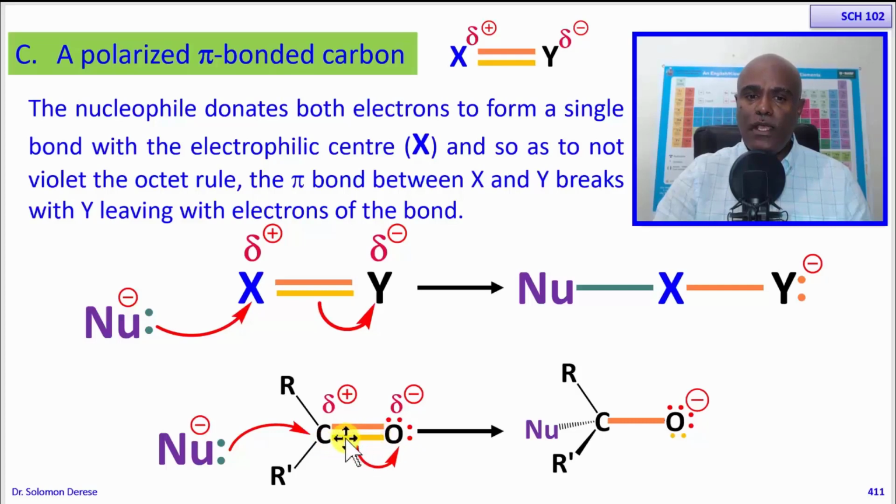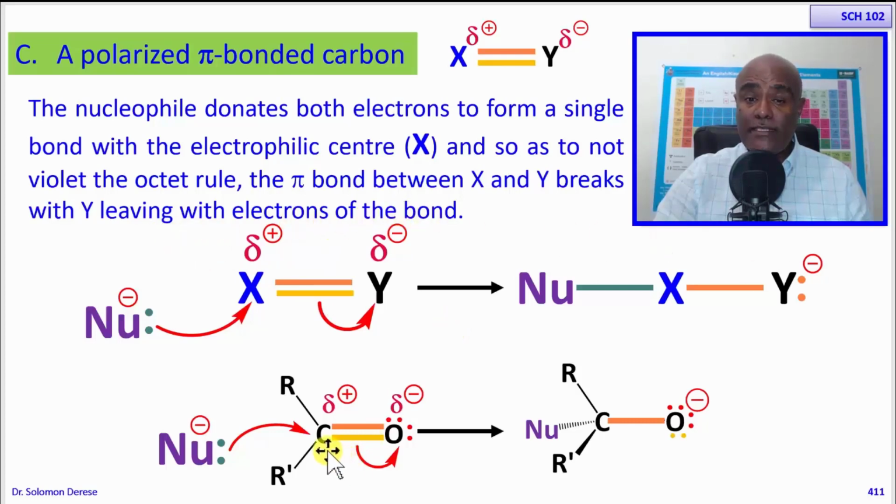When this pi bond is broken, the electrons of this pi bond will go to the more electronegative element. So the nucleophile donates both electrons to form a single bond with the electrophilic center X, so as to not violate the octet rule. The pi bond between X and Y breaks, with Y leaving with electrons of the bond.